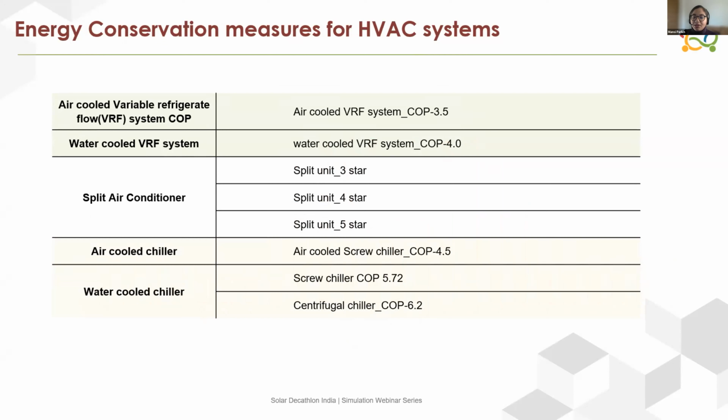Centralized systems are the ones where you have multiple indoor units connected to one outdoor facility. That can be your variable refrigerant flow systems, or your variable air volume systems with outdoor chillers, which can be air cooled chillers or water cooled chillers.